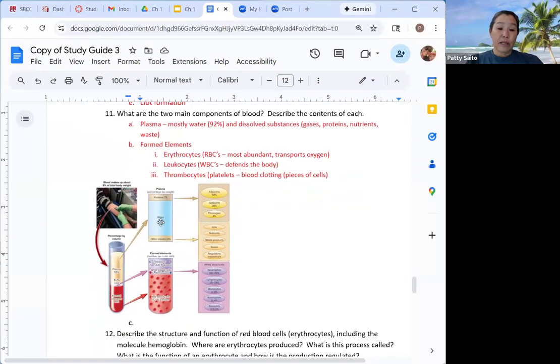Now, if we took blood from a person and put it in, let's say, a tube like this, and either let it sit for a while or spun it. We can put it in a machine called a centrifuge, and it will spin the blood and separate the components. So the bigger, heavier molecules will settle to the bottom as that force pushes them out.